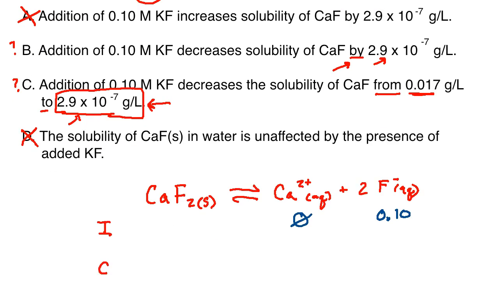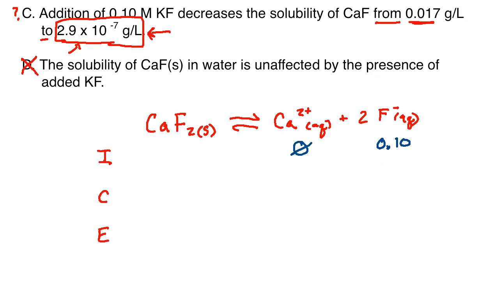So this is the common ion here. It's the fact that when we start out, when we initialize, we already have some of the fluoride ion present.